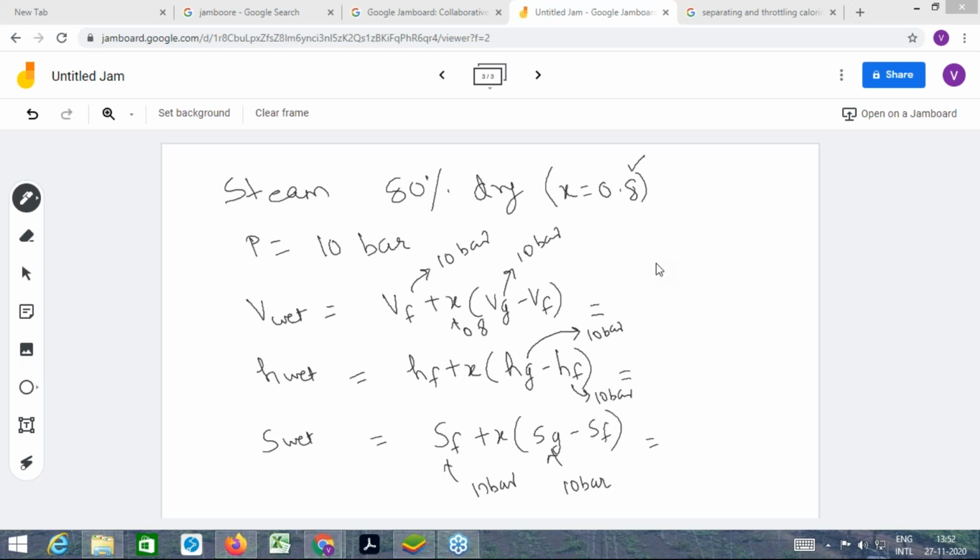Anamta, your Vf is correct. What is the value of Vg? Take the difference between Vg and Vf, multiply that difference by 0.8 and add it back to Vf. That will give you the answer for specific volume. Please check that and redo the calculations.